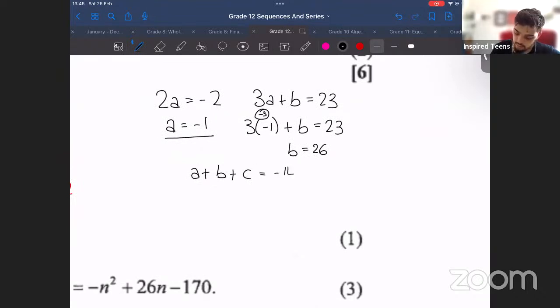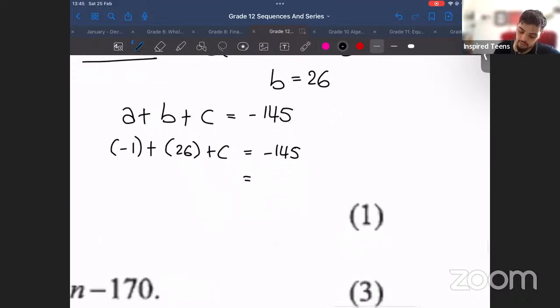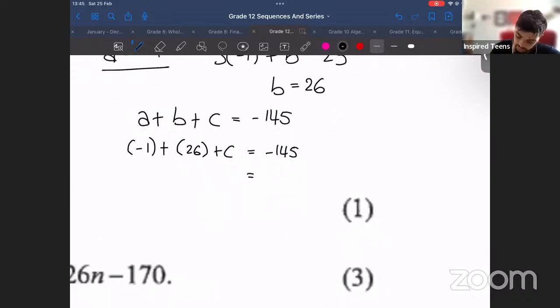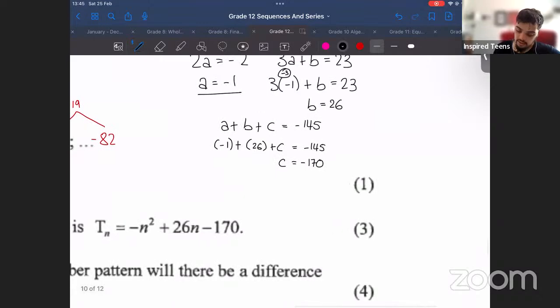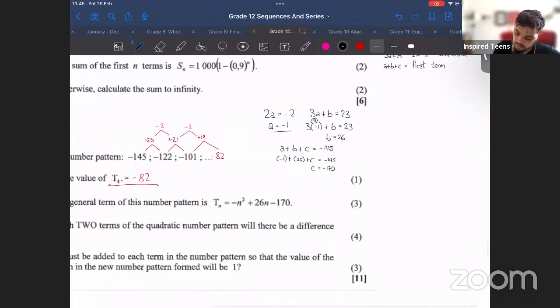The first term is -145. We solved for a, we solved for b, so we can sub those in. -1 plus 26 plus c is equal to -145. Take it over, you get 144 minus 26, 170 negative. We get an answer of c as -170.